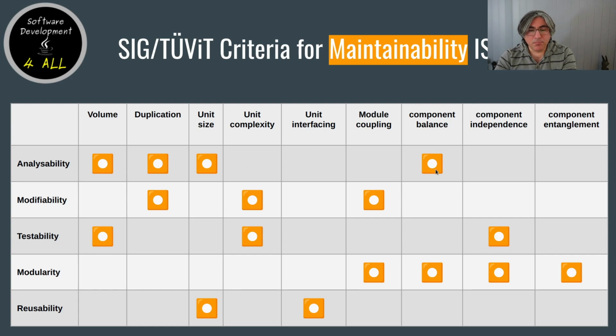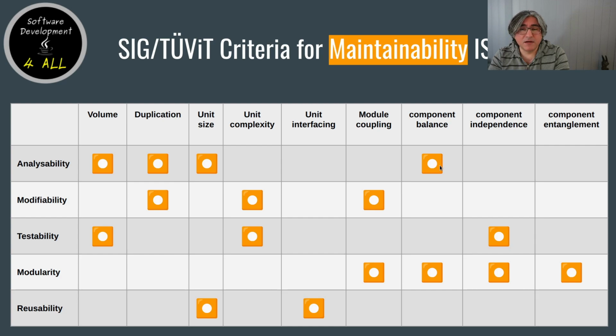And component balance will also make it more difficult. Component balance basically says that if the volume of the code is all in one place, if all your logic is in one place, then it's harder to analyze. Probably it is going to be a bit more complex, very big, and every change always impacts everything.